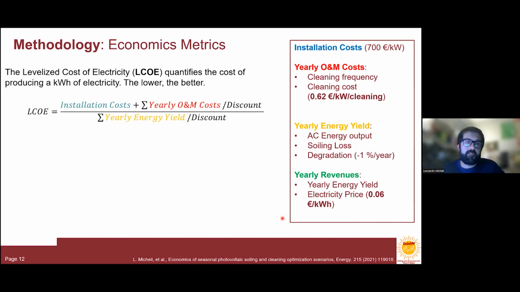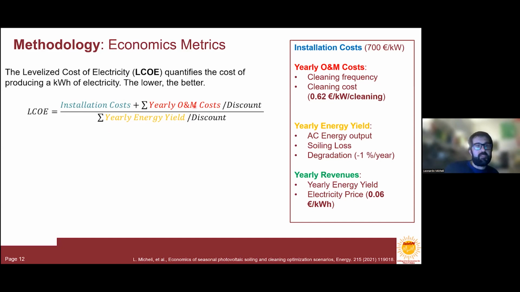So it is calculated as the ratio between the total cost of the system over its lifetime, so installation cost and yearly O&M cost, divided by the total energy that the system produces over its lifetime. So it's expressed as euros, or currency in general, divided by kilowatt hour. And clearly, since it is a cost, the lower its value, the better.